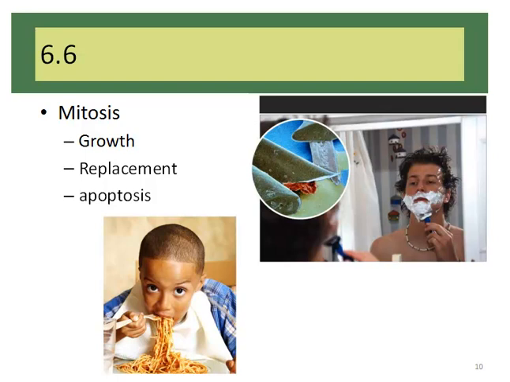Also for replacement, so anytime your cells get damaged, so if you get a scratch on your arm, the cells surrounding that scratch get a chemical signal that says, hey, there's no cells here next to us anymore, and so they're actually going to start to grow and slide over and cover that open wound.